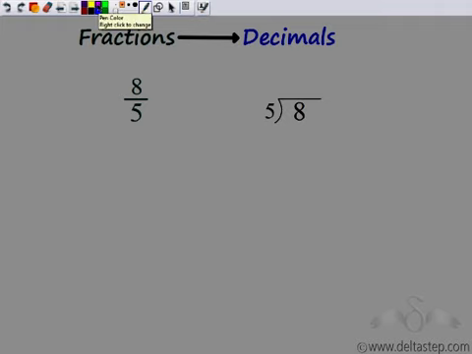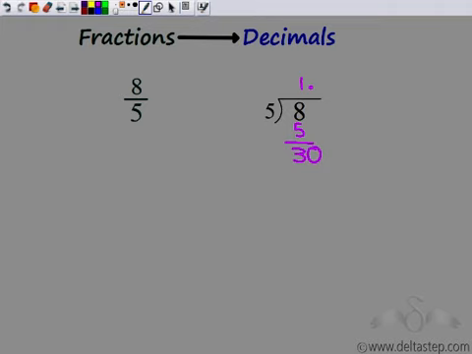So if I start dividing 8 by 5, I know 1 times 5 is 5. What I'll be left with is a remainder of 3. Now how do I proceed? I just put a decimal point here, and with this decimal point I can add a 0 to the remainder. So I can make this 30 now. Now again start dividing as earlier.